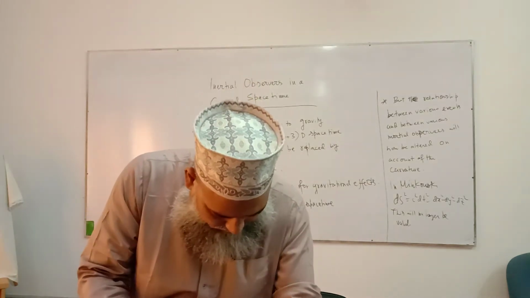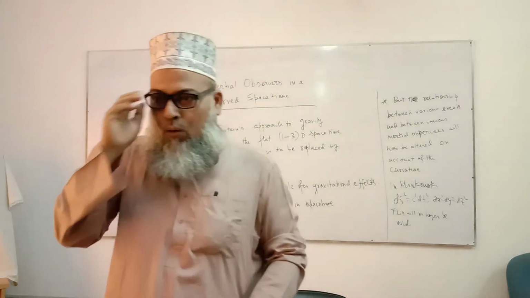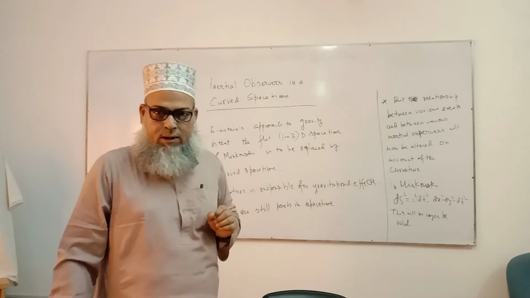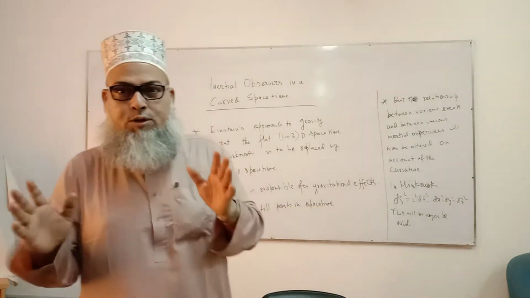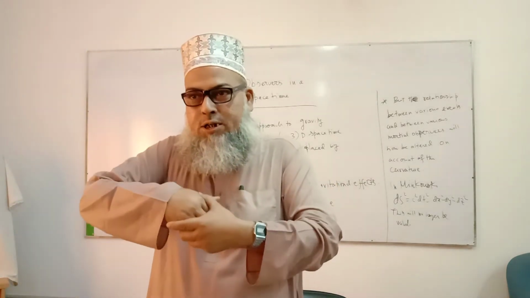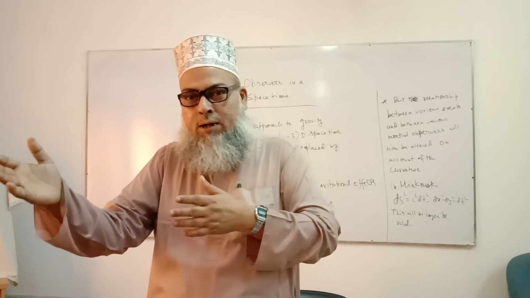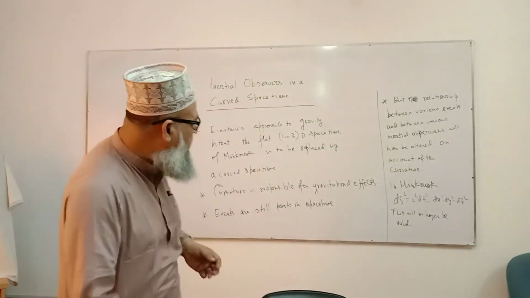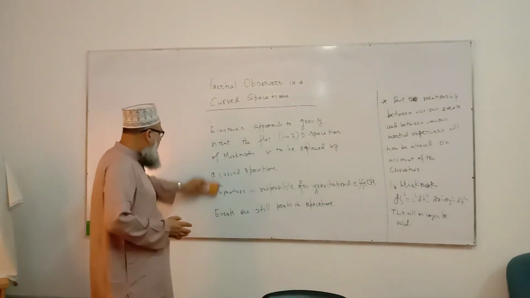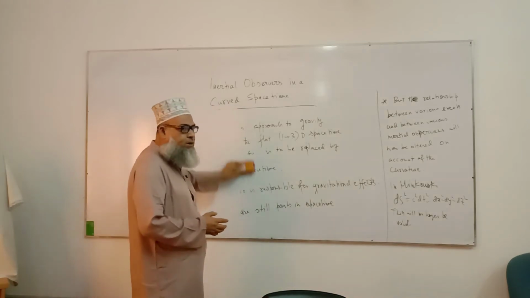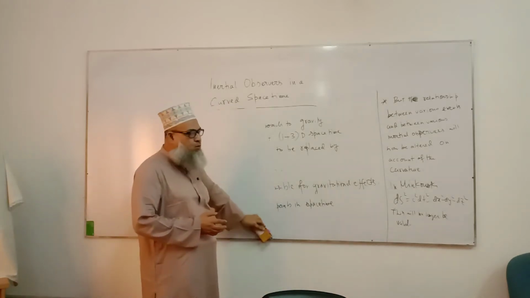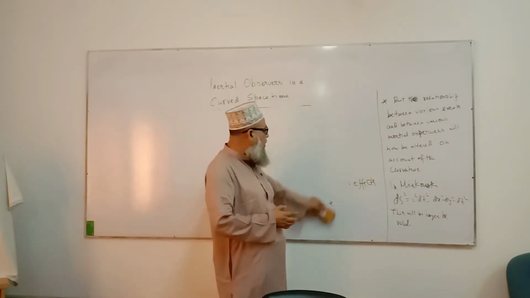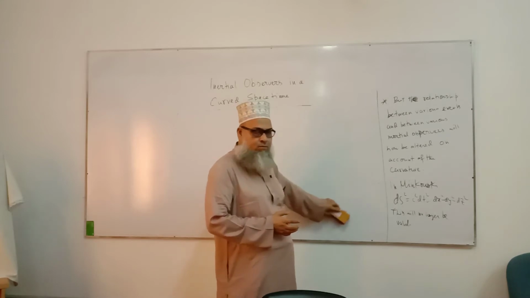Now, what about this relation? How would we modify this? This is actually a generalization of the three-dimensional displacement squared. In three dimensions, with only x, y, z coordinates, the displacement squared is dx square plus dy square plus dz square, right?